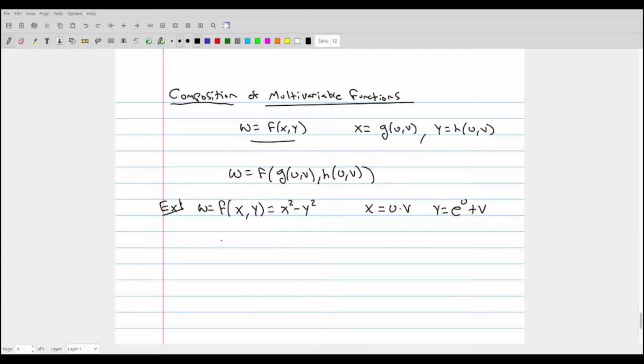So if w is equal to f of (x, y), then w, the composition as a function of u and v, is going to be (uv) squared minus (e to the u plus v) squared. This is how w depends on u and v in this compositional relationship.